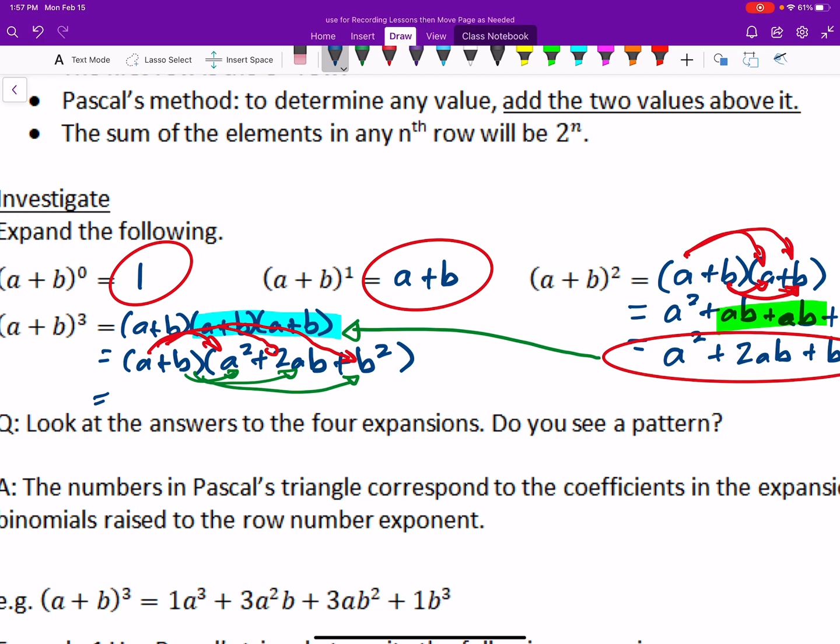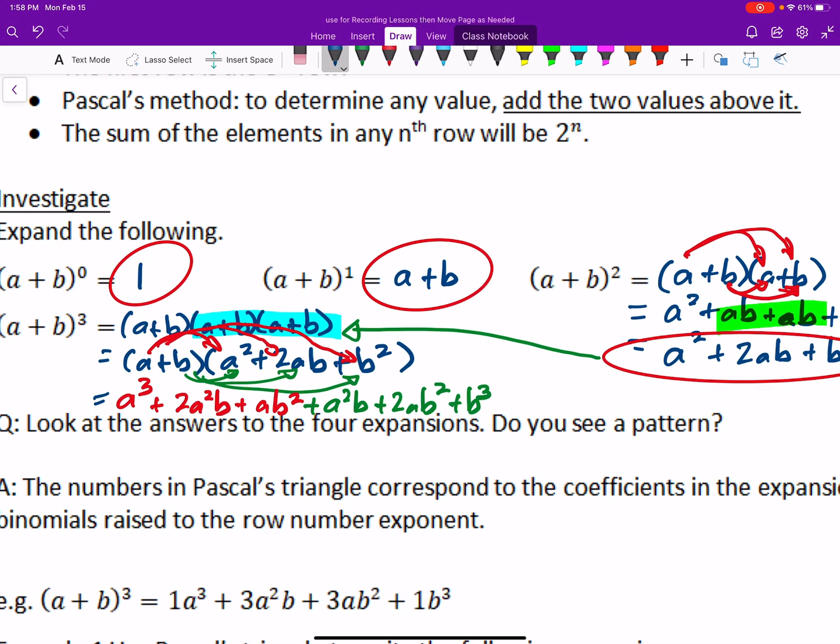If I do the first one, I'd get a cubed plus 2a squared b plus ab squared. And then the green ones from underneath, from doing the b, I'd have a squared b plus 2ab squared plus b cubed. And then I'd have to collect my like terms.